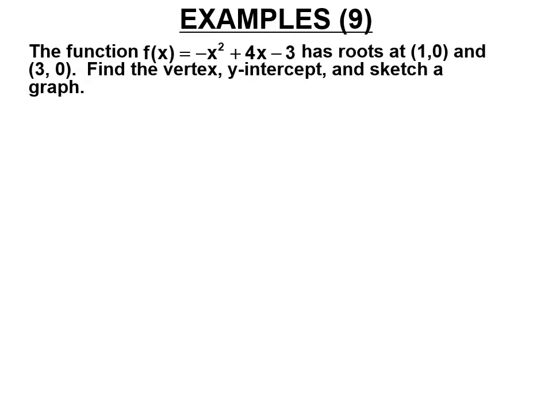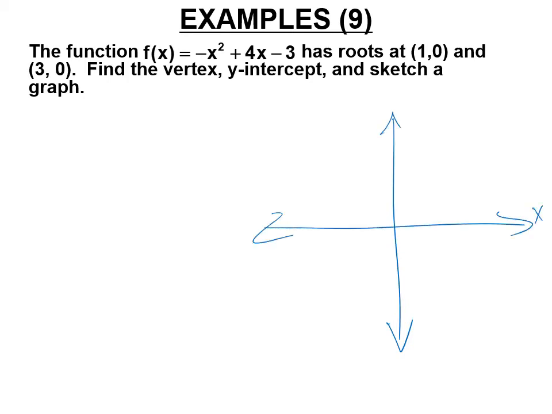So the function f of x equals negative x squared plus 4x minus 3 has roots at 1, 0. So we're going to do a little sketch by hand. And here's our x-axis and our y-axis. And it has roots at 1, 0 and 3, 0. Well, I can't make it easier than that, right?